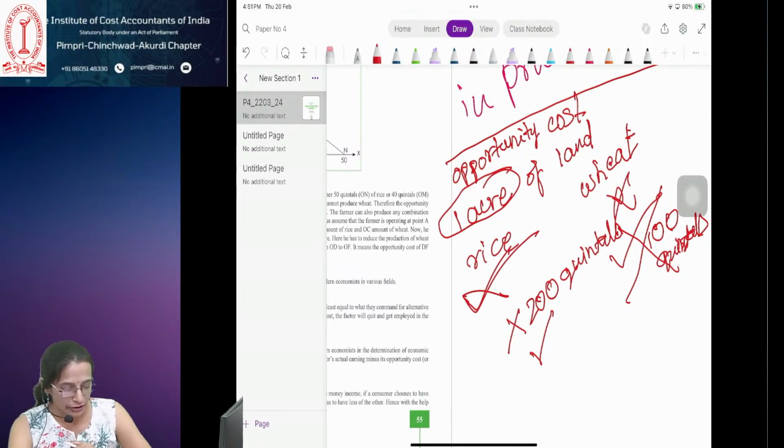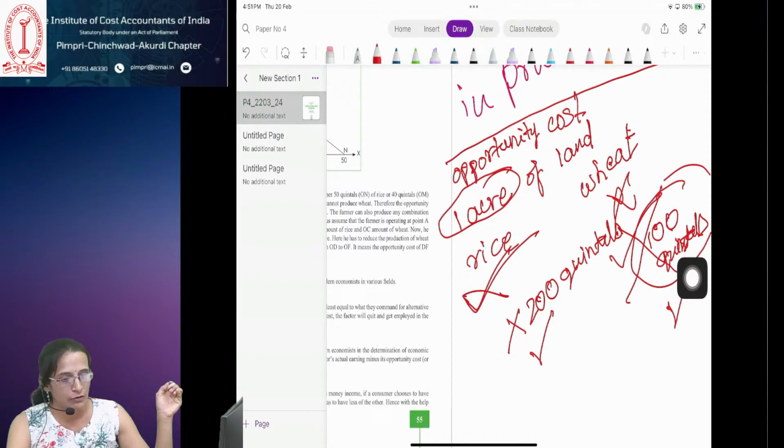So the opportunity cost for rice is 100 quintals of wheat. If I produce completely wheat, that is 100 quintals of wheat on that 1 acre of land, what is the opportunity cost for that, Piyush? 200 quintals of rice is the opportunity cost for wheat, right?